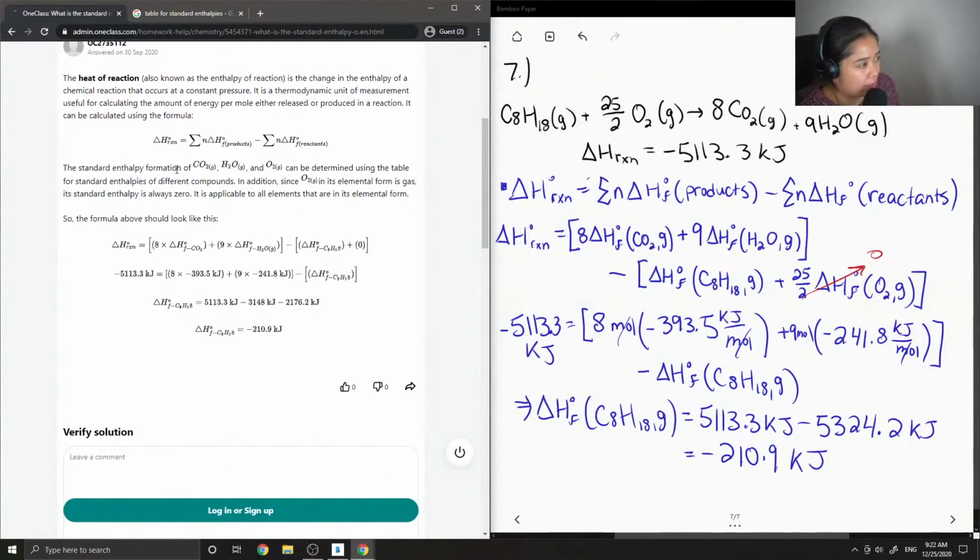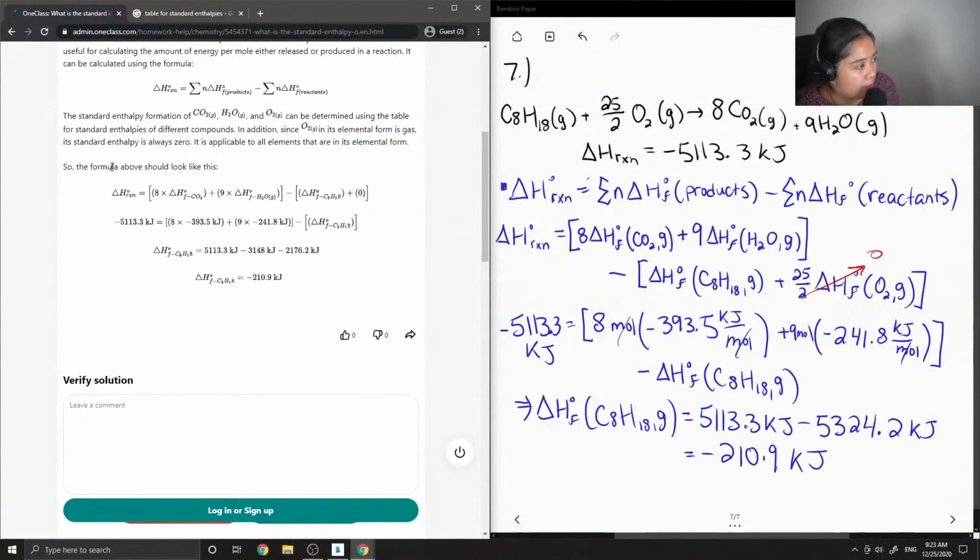Standard enthalpy formation of CO2, H2O, and oxygen can be determined using the table for standard enthalpies of different compounds. In addition, since oxygen is in its elemental form, which is the gas, its standard enthalpy is always 0.